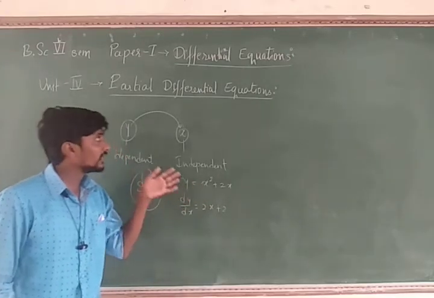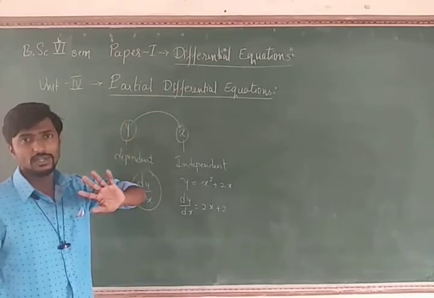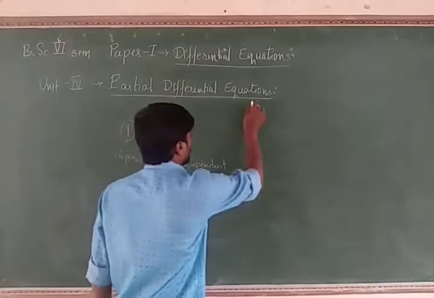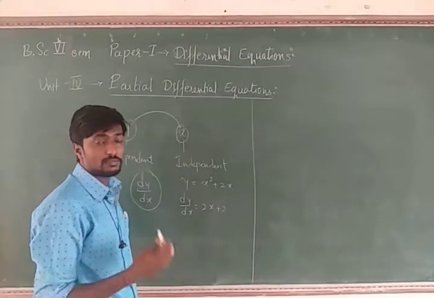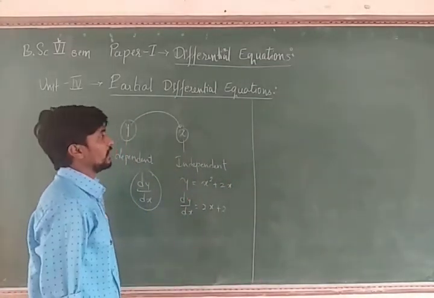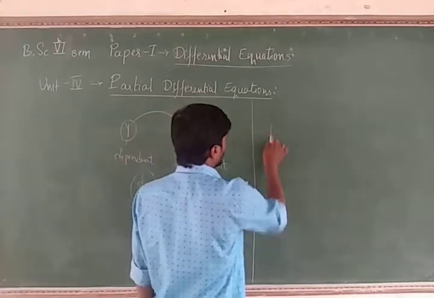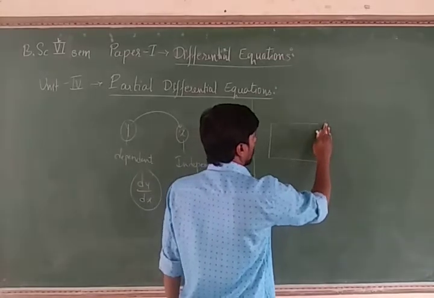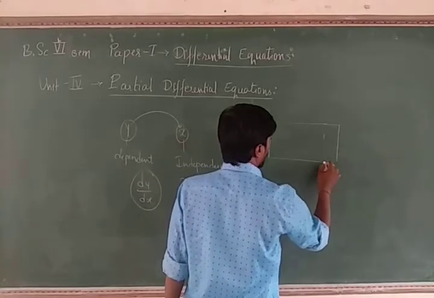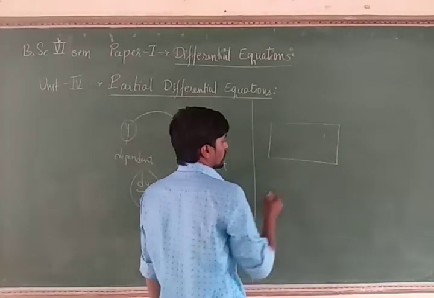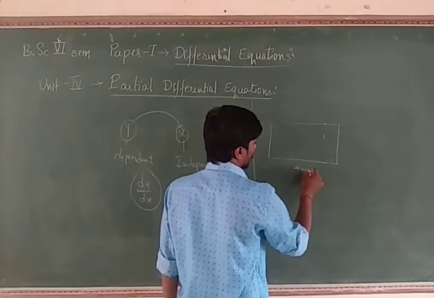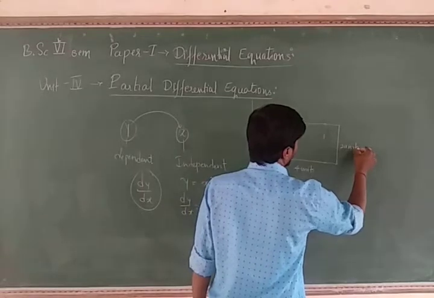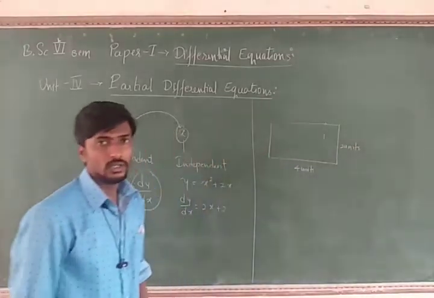But in the case of partial differentiation, it is not so easy. So understand the concept of partial differentiation first. What is meant by partial differentiation? Let's consider a rectangle. This side is 4 units and this side is 2 units.